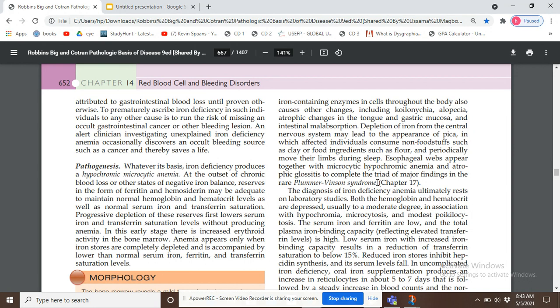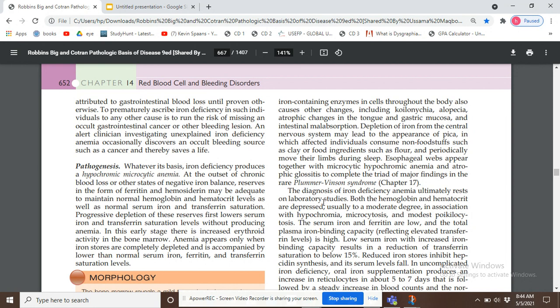You can remember Plummer-Vinson syndrome with the mnemonic "plumber DIE": D for dysphagia, I for iron deficiency anemia, and E for esophageal webs.